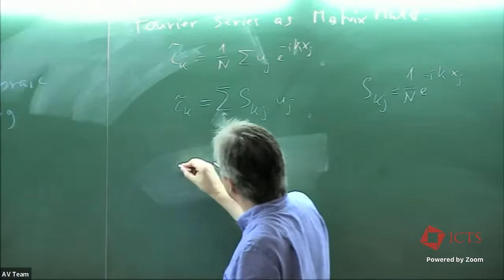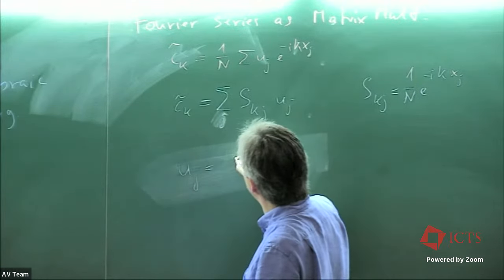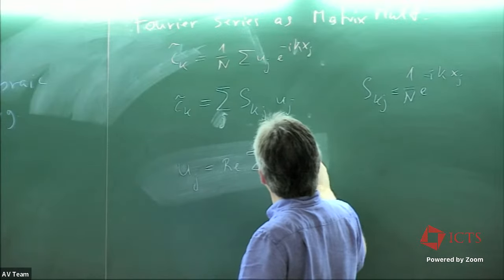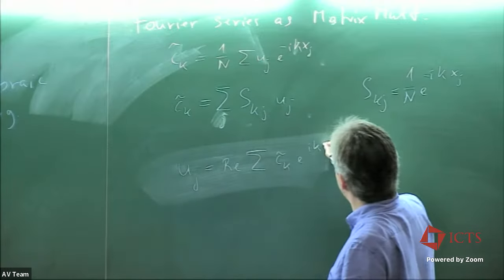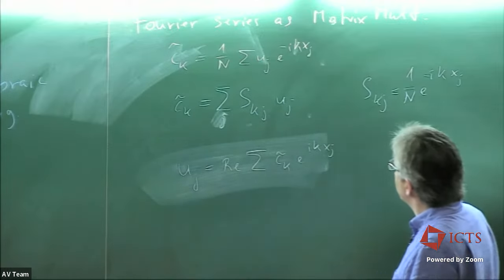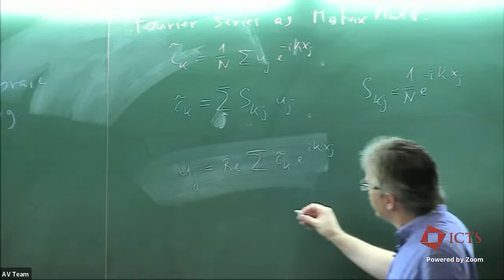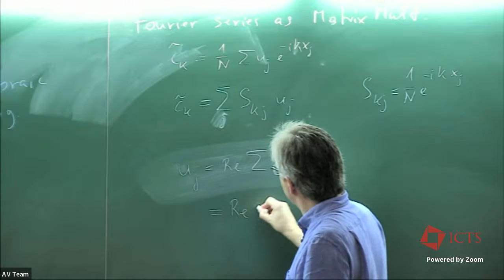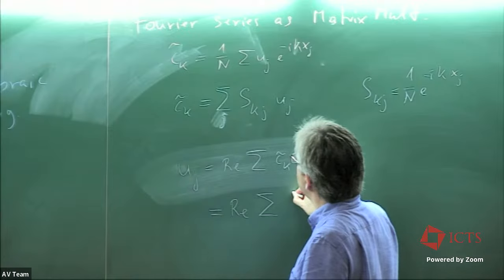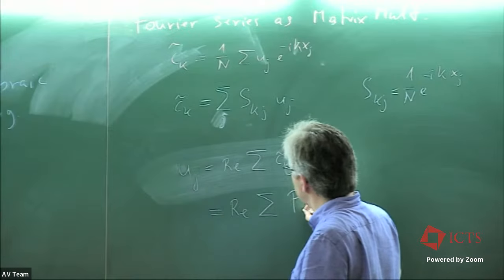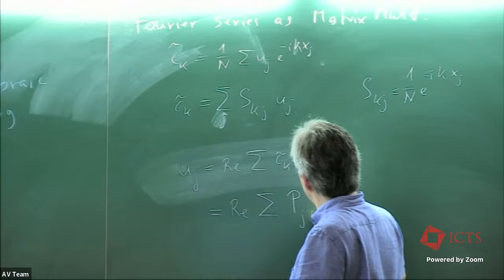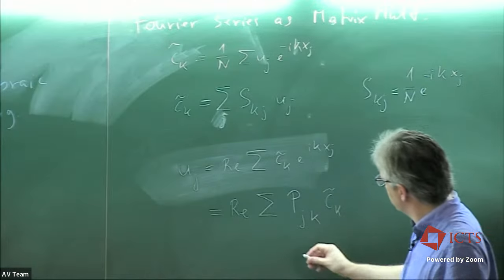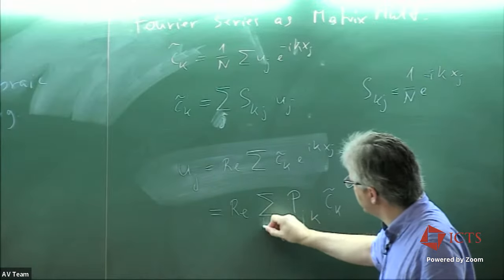And so similarly, if I go the way back, let me try again. u_j is the real part of the sum of c_k tilde e to the i k x_j. This is again a matrix multiplication, so I can write this as the real part of the sum of a matrix P_jk times c delta_k, and the sum here is over k.